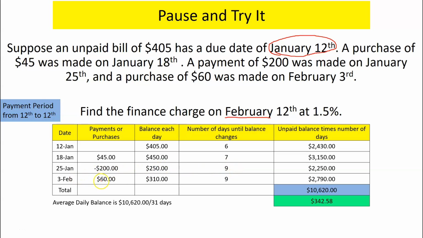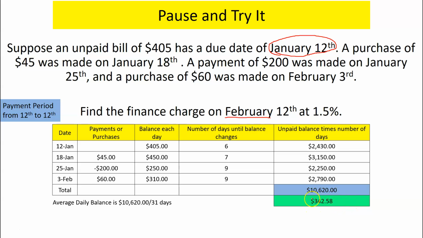And then on the 3rd of February, they bought something for $60, which increased that amount, and it sat there until the 12th of February, which would have been another 9 days. I multiplied across, added down, and divided by 31 because there's 31 days in January. So now I have my average daily balance.